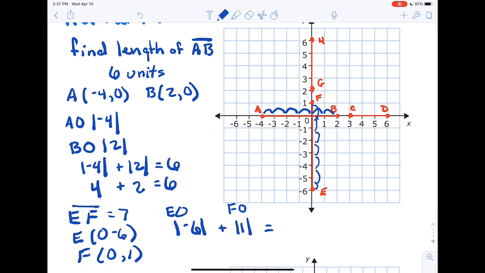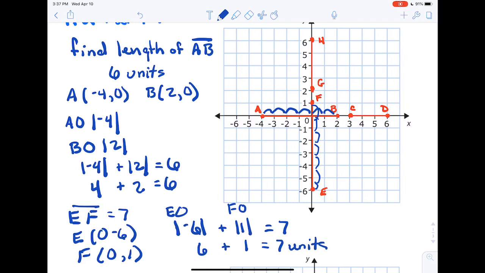And the absolute value of -6 is 6. The absolute value of 1 is 1. So together they equal 7. So let's see that again. The absolute value of -6 is 6, plus the absolute value of 1 is 7. And so that line segment is 7 units in length.